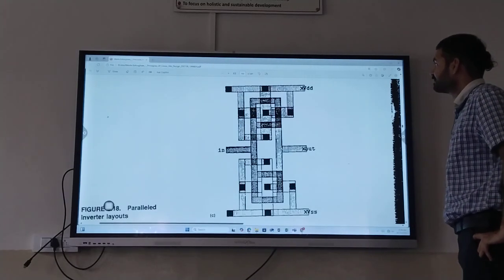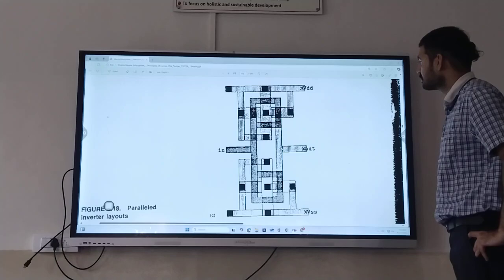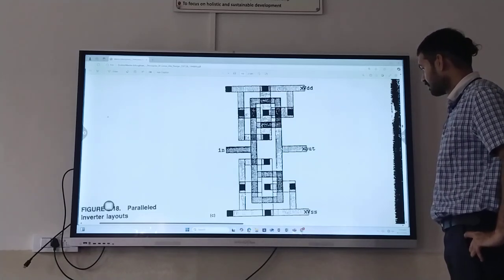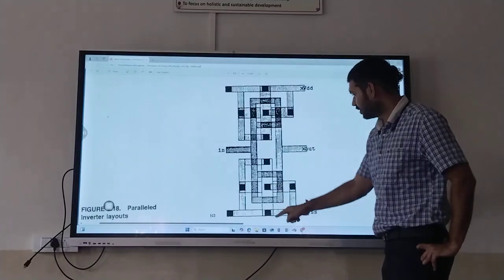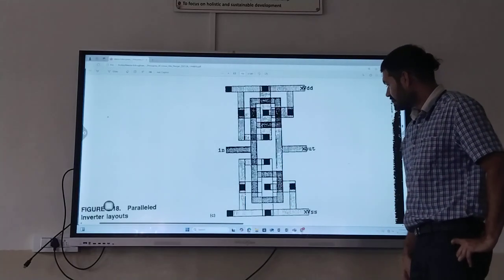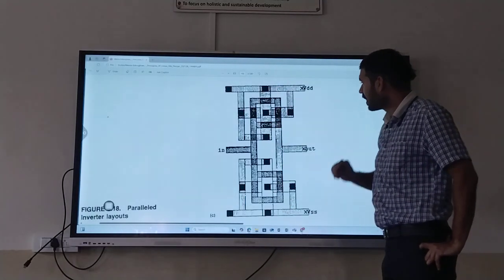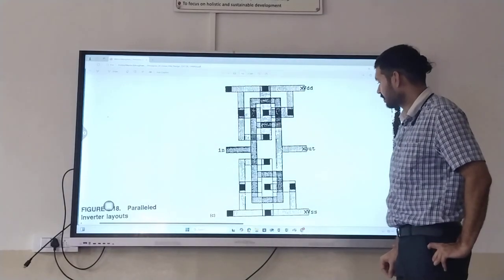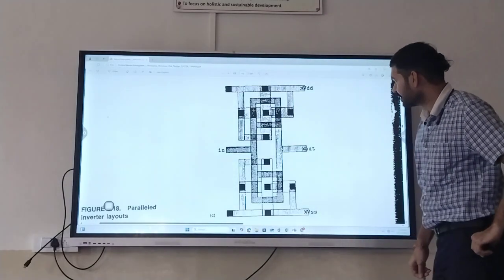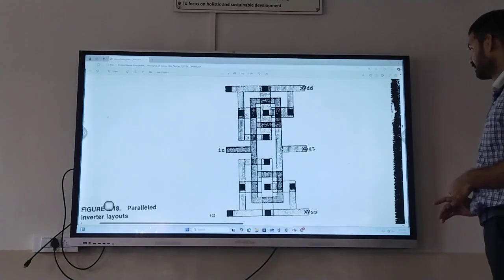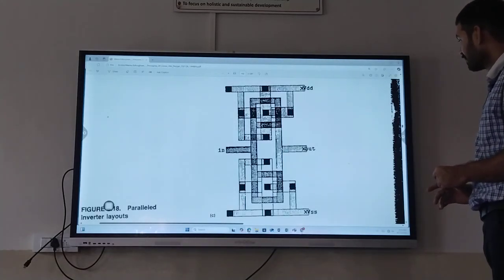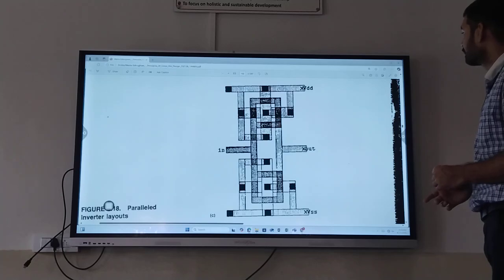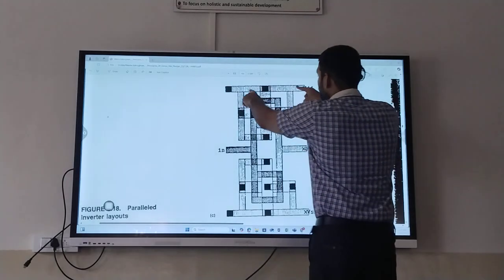What is this? So this is real diffusion. Okay. This is P diffusion. This is more complex one. So these are the sources.